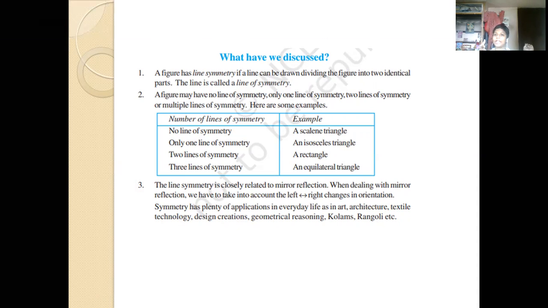If you draw a line and two identical parts are produced, that line acts as a line of symmetry. Next we saw how symmetry appears in alphabets and shapes. And what are the basic types of symmetry? Vertical line of symmetry and horizontal line of symmetry.